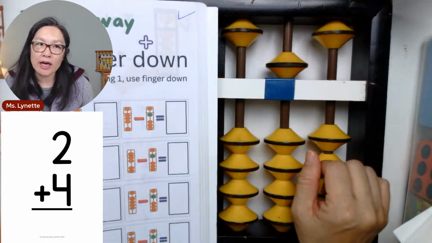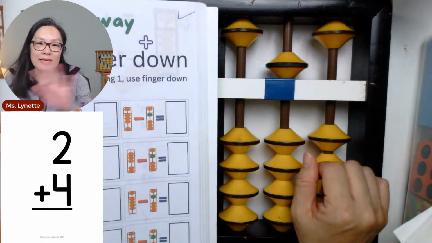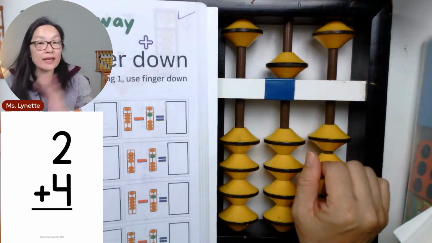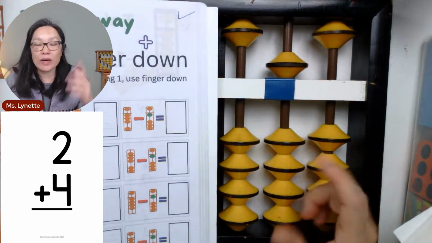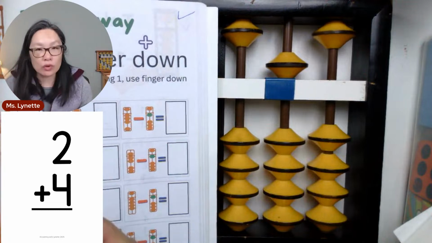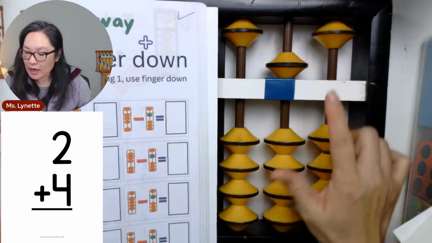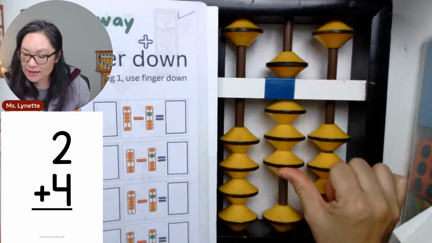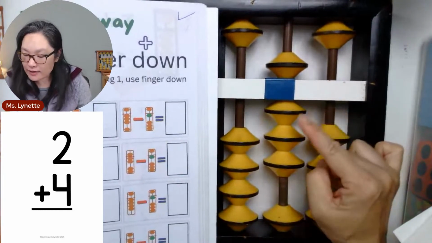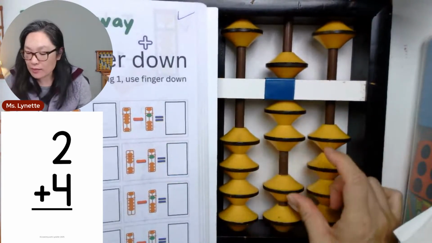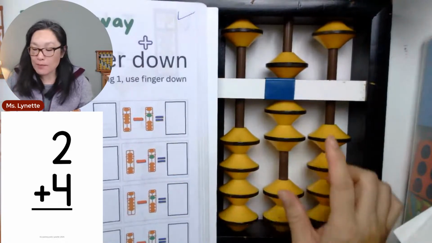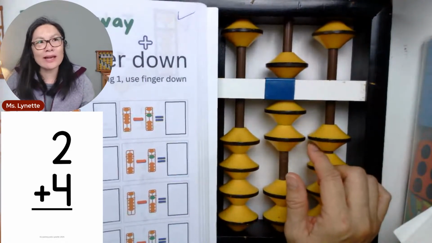If you're active when you're young, and you become stagnant when you're older, when you get back into running, it becomes muscle memory. Your muscles remember what it is to move. Same thing with the abacus. If we keep using this thumb to add and this finger to subtract, after a while it becomes muscle memory, like riding a bike.